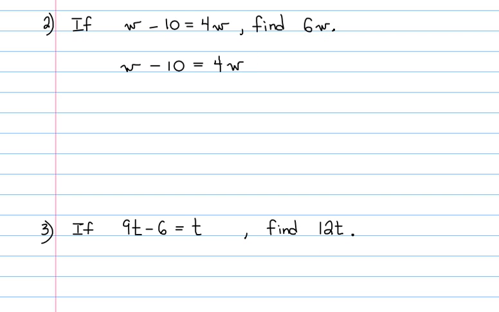Before we find 6w, let's first find what w is. Again, very similar to the problem before, I'm going to get this w and move it over, but it was positive, so when I move it over it becomes negative. Now we simplify.